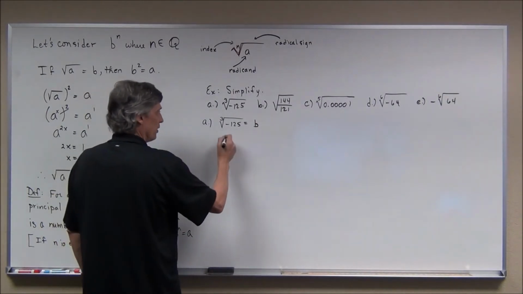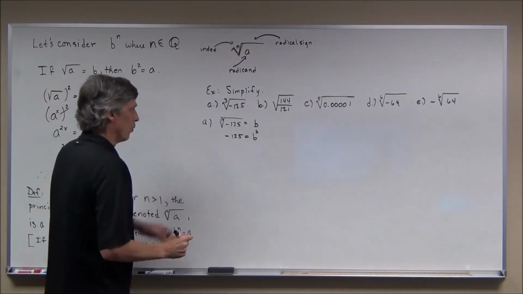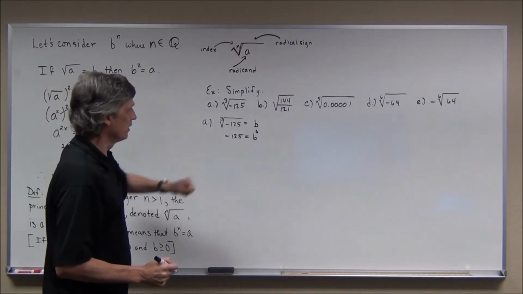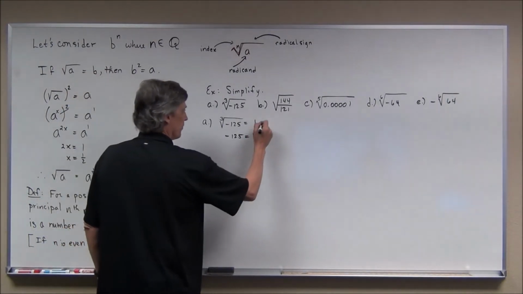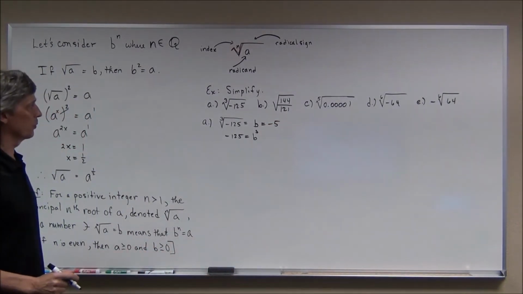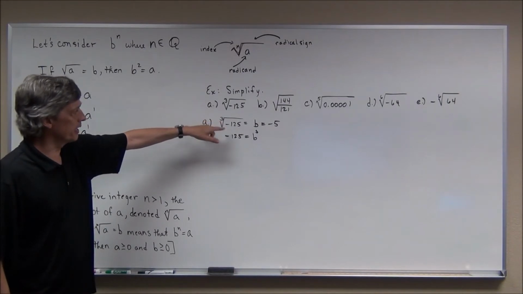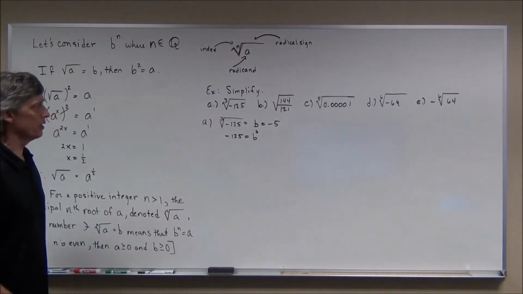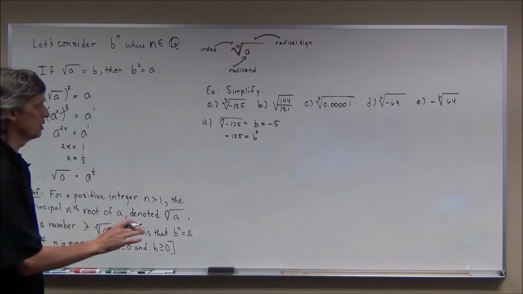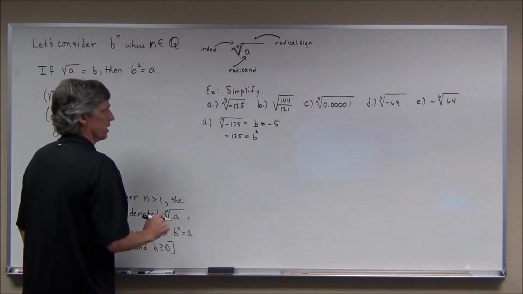Well, if that's true, then negative 125 equals b to the third. What number times itself is equal to negative 125? Well, that's negative 5. Negative 5 times negative 5 times negative 5 is negative 125. Notice, if you have an odd index, you can have a negative number under there and it's still considered a real number. If you have an even index, well, we'll see that in just a second.